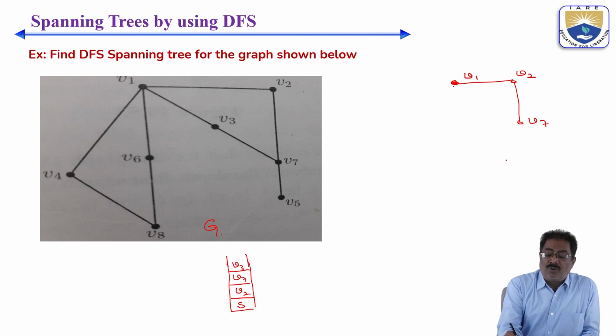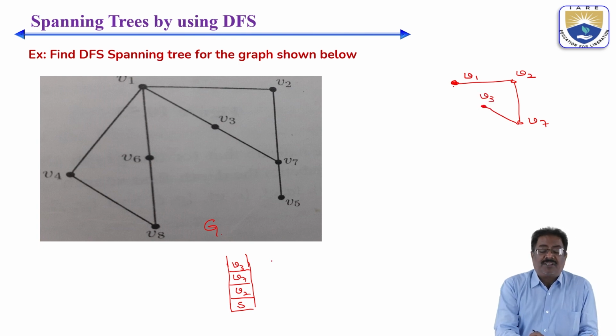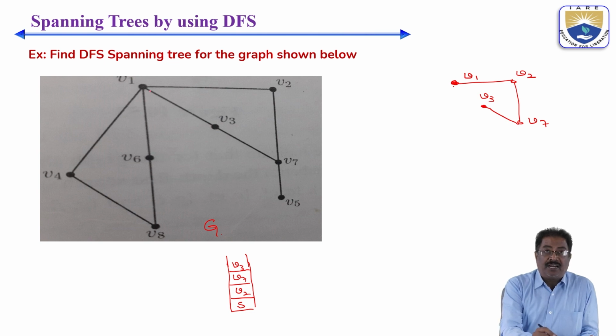After that, the adjacent vertex is V1, which is already visited, so we cannot consider that vertex. So we are going to pop that. Popping means we move towards backtracking, and V7's adjacent vertex is V5, so we have to consider V5.